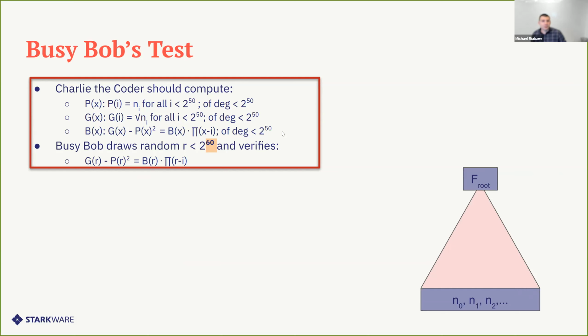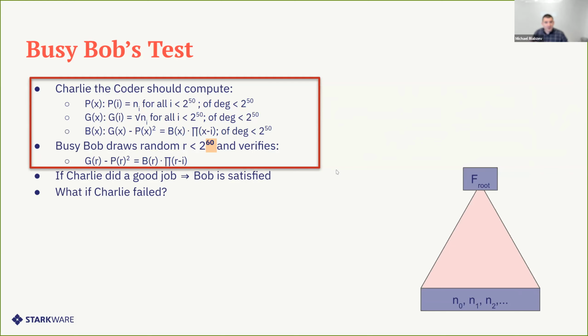And what Bob would do is draw a random r between 0 to 2 to the 60. The domain is bigger than what we had before, and would just verify that g(r) minus p(r) squared equals b(r), another polynomial that Charlie should provide, times this vanishing polynomial.